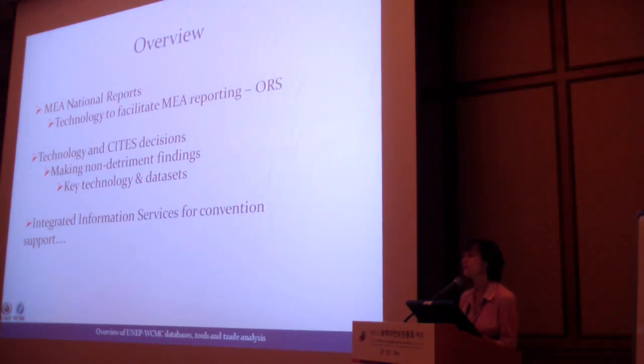So I'm going to talk firstly about a new tool that we're developing which will help to facilitate conventions in their reporting requirements. Then moving on to think about CITES and technology, making the non-detriment findings and thinking about the key data sets that some of the specialists have developed and that the CITES parties also have developed.